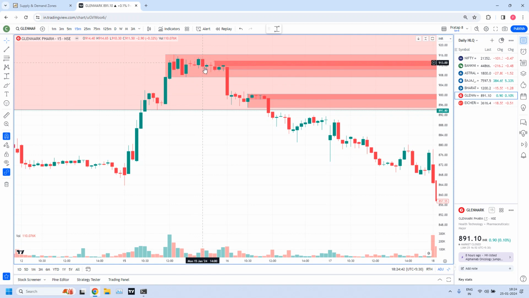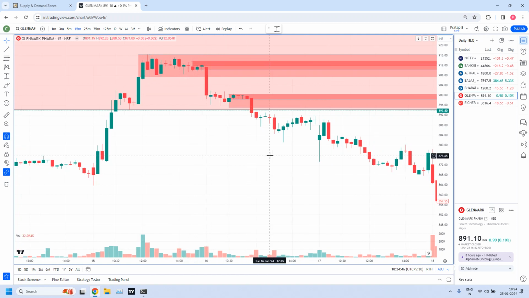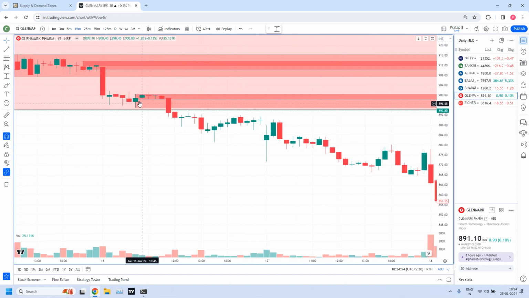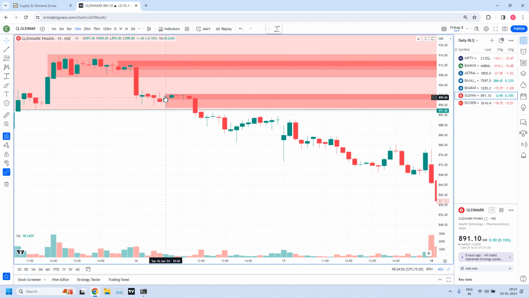Here we have a drop candle, 1, 2, 3, 4, 5 base candles, and again a drop candle. And what about here? Sorry, this one is an ERC candle. See, this entire zone is this zone.